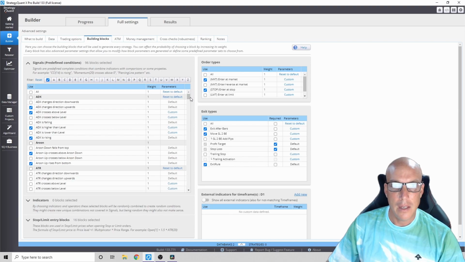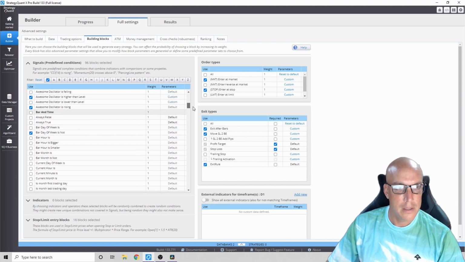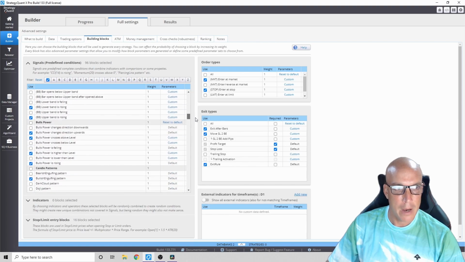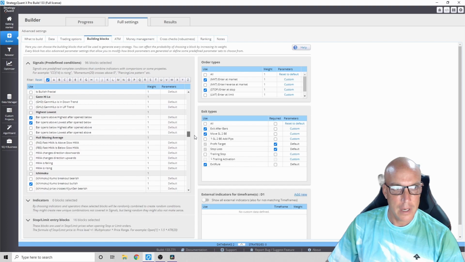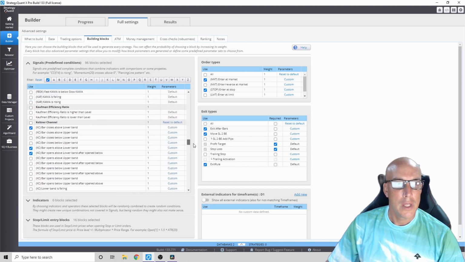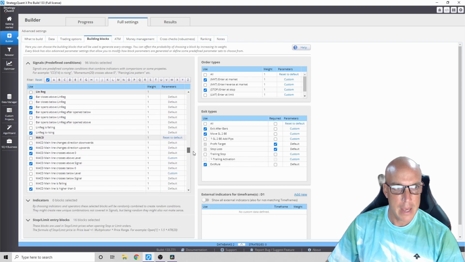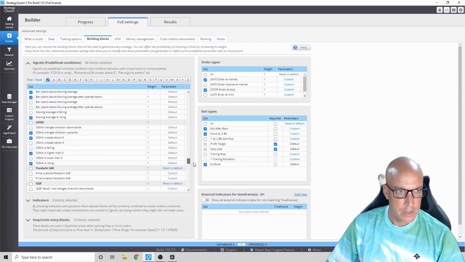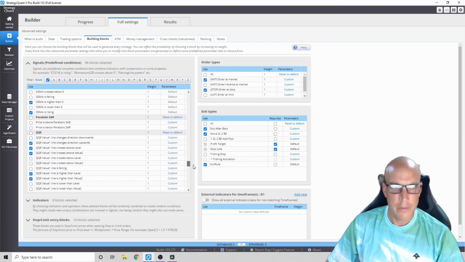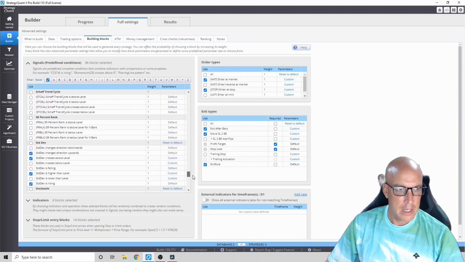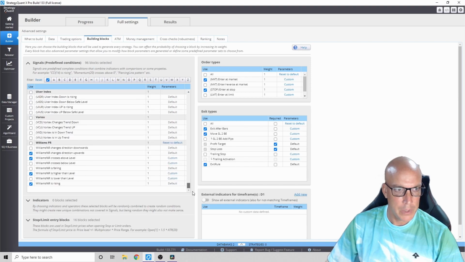It's got ADX, Aroon, awesome oscillator, bar and time, Bollinger Bands, Bull's Power, candle patterns, CCI, DeMarker, directional index, highest lowest bar, Ichimoku, Keltner channels, linear regression, I think that's what that means, MACD, momentum indicator, moving average, OSMA, which is another type of moving average, the QQE, the quantitative qualitative estimator, RSI, standard deviation, stochastics, and then the Williams percentage.